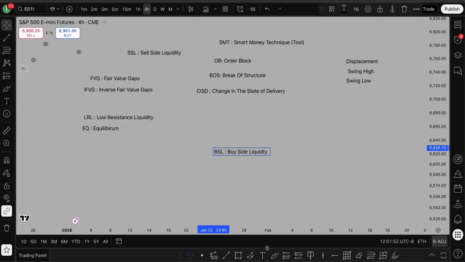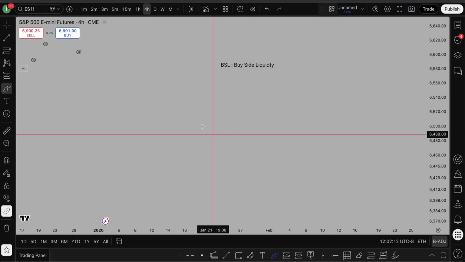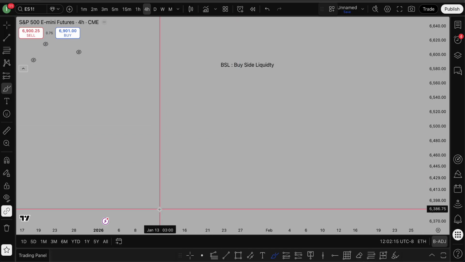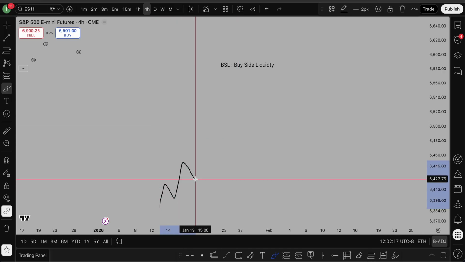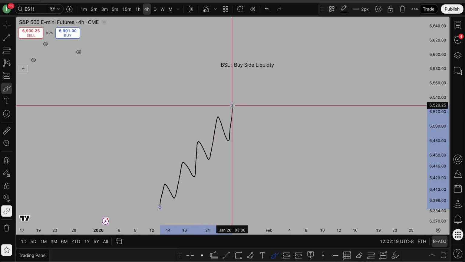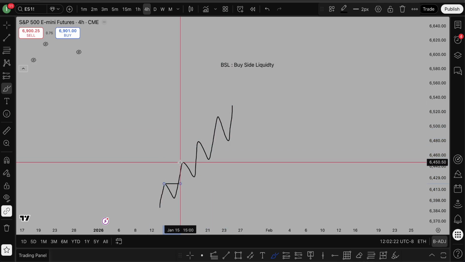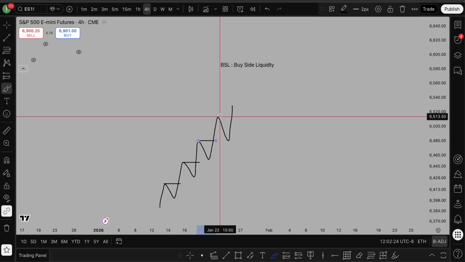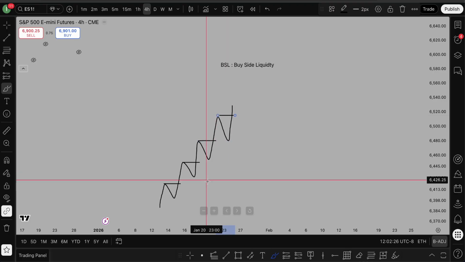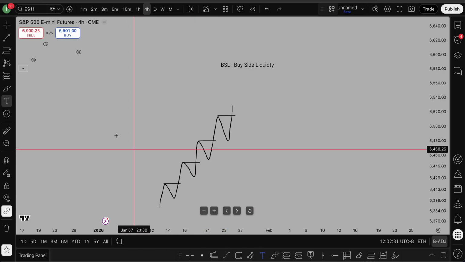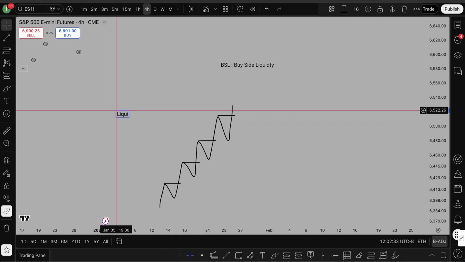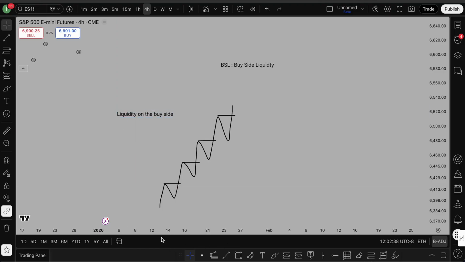So I'll bring it down here. Buy side liquidity is basically when you leave behind, as we talked about previously, liquidity above highs. We know this. Buy side liquidity is just liquidity on the buy side, meaning there was liquidity left when we were on the side of buying.